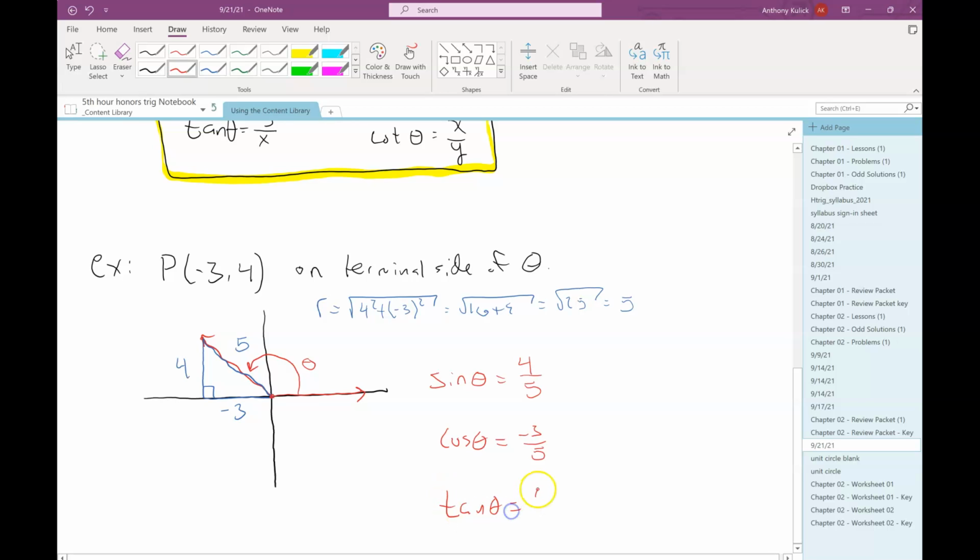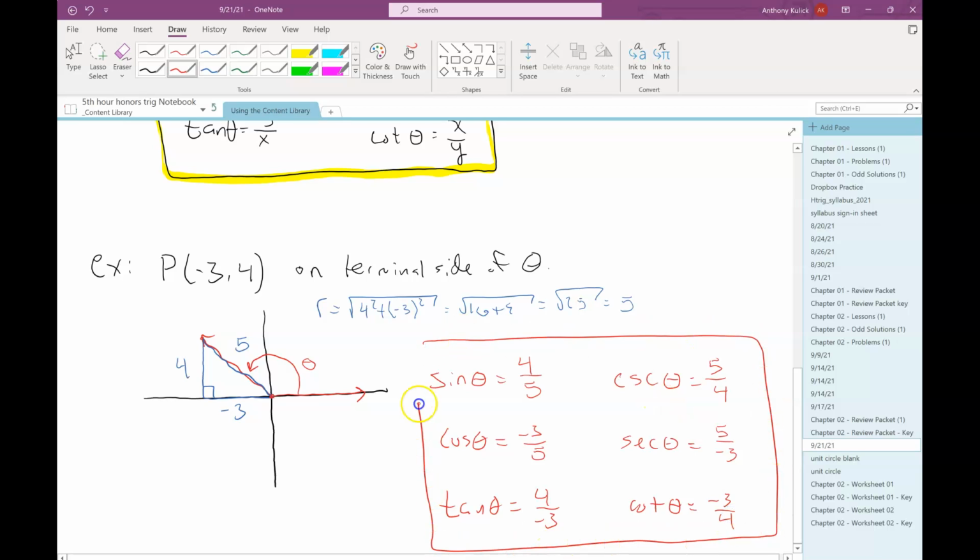Tangent is y over x, or opposite over adjacent, etc., etc. Cosecant is the reciprocal of sine. Secant is the reciprocal of cosine. And cotangent is the reciprocal of tangent. And I'm done. So pretty easy, right?